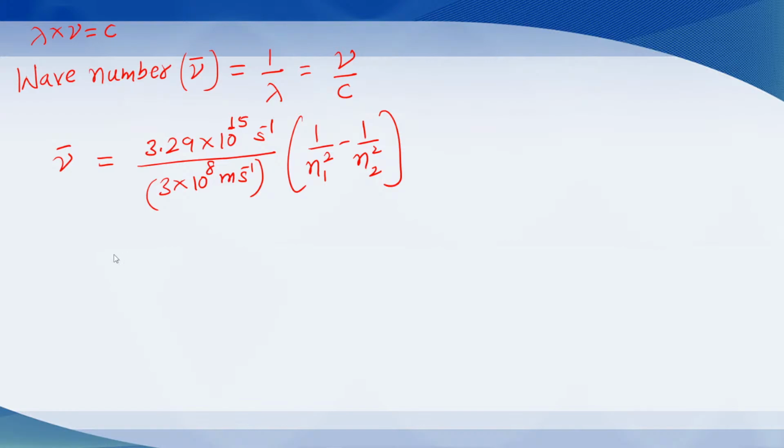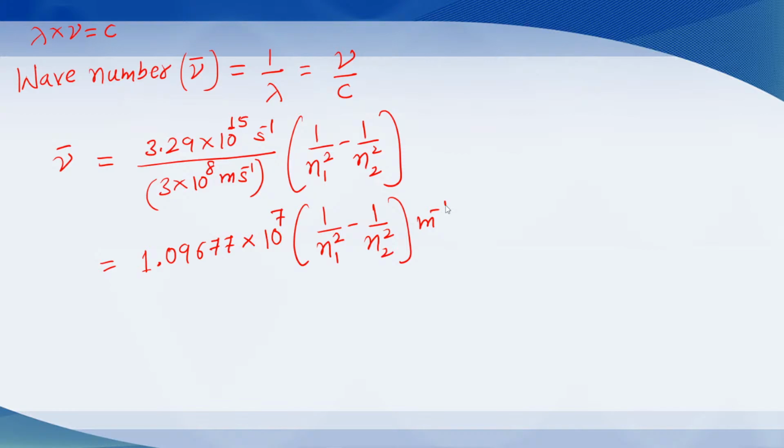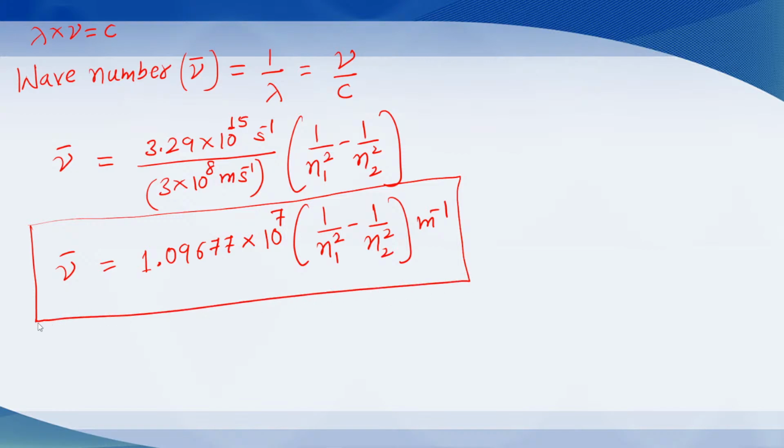If we divide it, the value comes out to be the same as we have written before, 1.09677 into 10 raised to power 7, into 1 upon n1 square minus 1 upon n2 square per meter. This is the wave number.